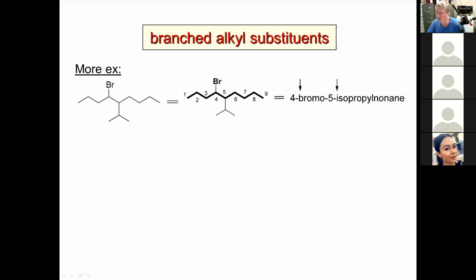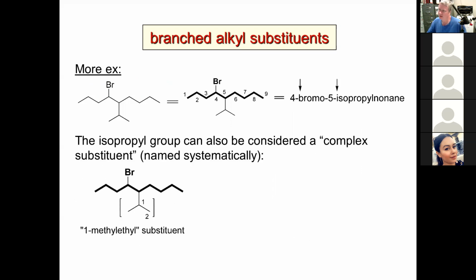This is doable, yeah? Okay, isopropyl can also be considered something called a complex substituent, and we can name this systematically. So let's think about this. If I just look at the isopropyl group, it's this little thing in the brackets, right? That's an isopropyl group.